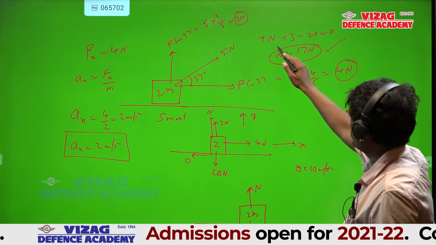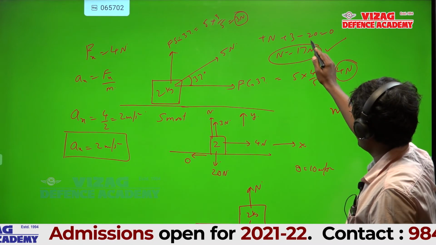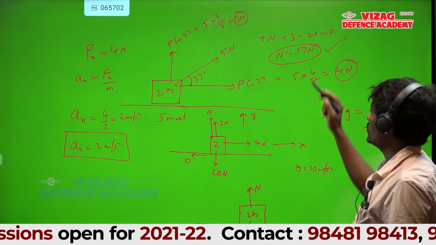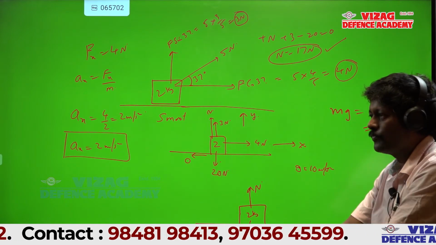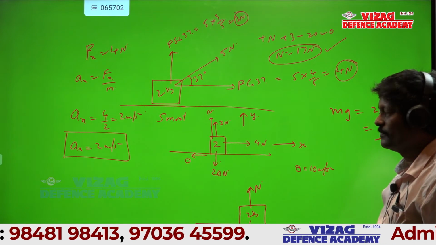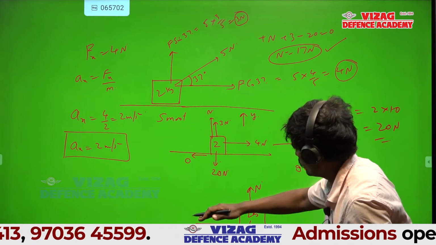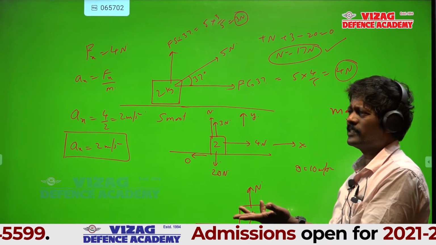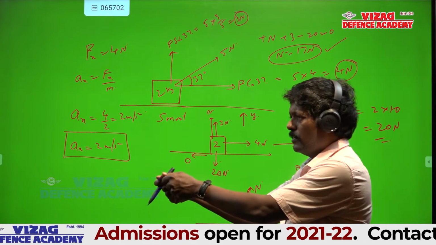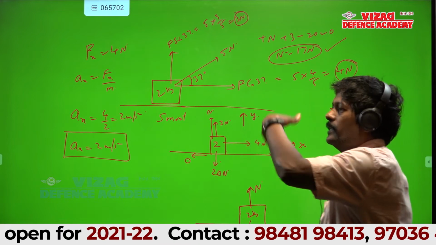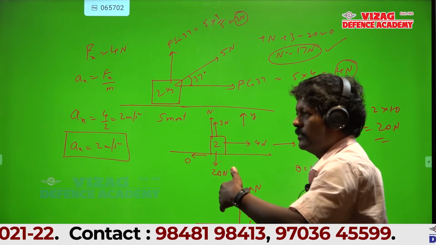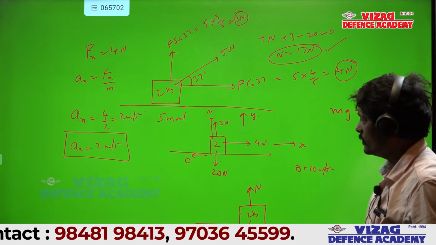N plus 3 minus 20 equals 0, so N will be 17. In other words, upward force equals downward force. Common sense: in a tug of war, if I apply 10 Newton to one side and the other boy applies 10 Newton opposite, what is the net force? 0.